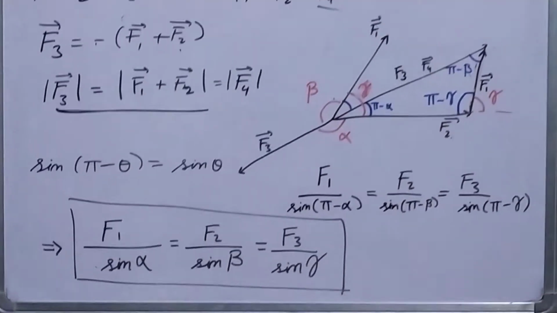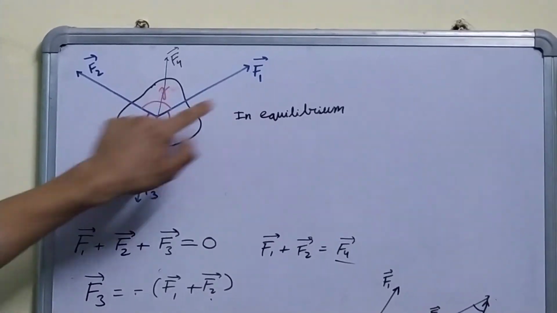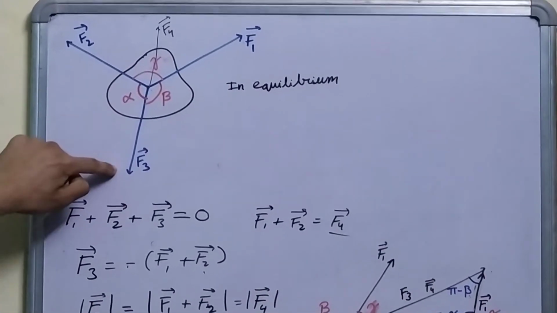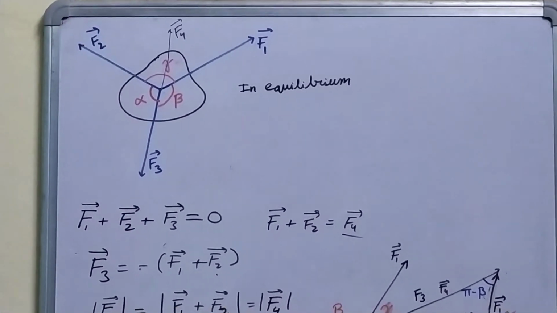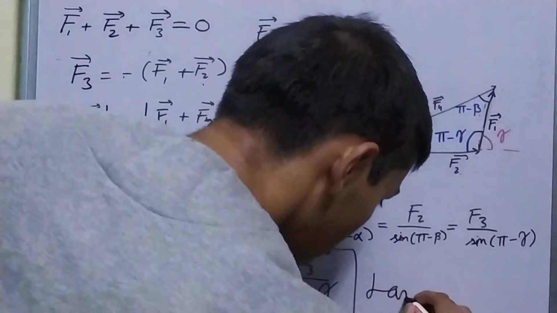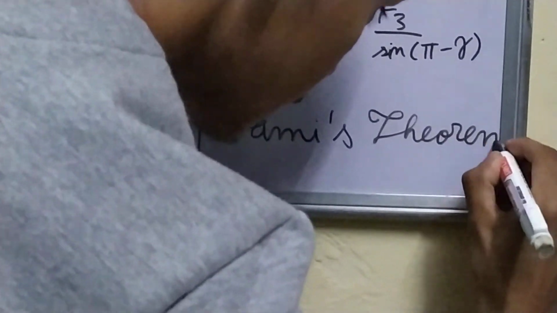So F1 divided by sine of the angle opposite to F1. So this is F1 upon sine alpha equal to F2 upon sine beta equal to F3 upon sine gamma, and this result is known as Lami's theorem.